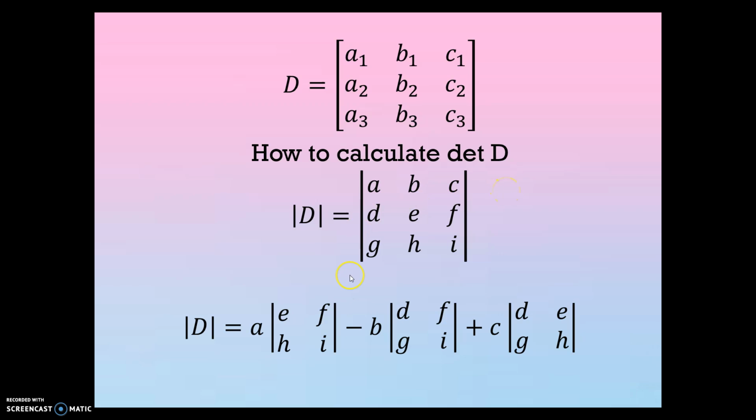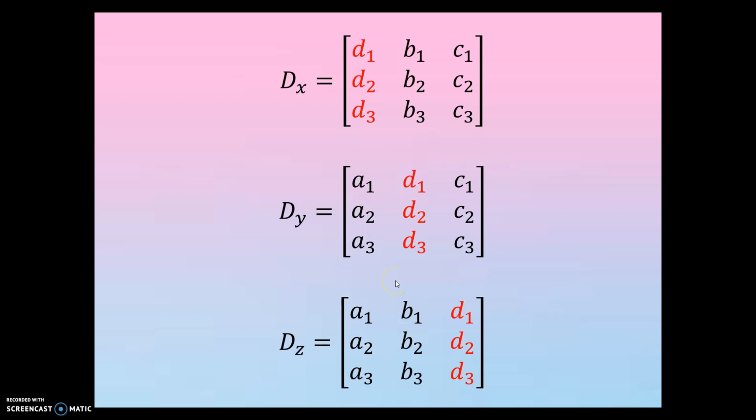To solve x, the coefficient of x column is replaced by the constant column in red. Then to solve y, the coefficient of y column is replaced by the constant column in red. And in the same manner, to solve for z, the coefficient of z column is replaced by the constant column in red also. Okay, next.